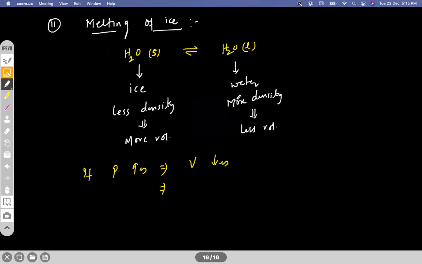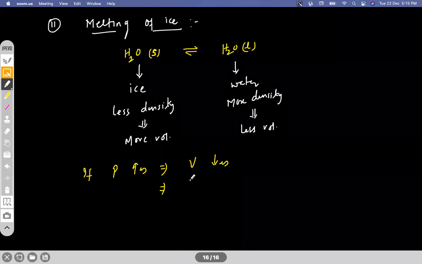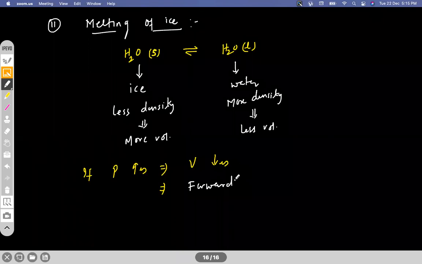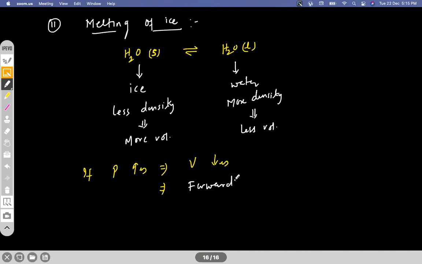Forward or backward? See, pressure increases, volume decreases. Means to minimize this change, the equilibrium will shift in that direction where the volume is less. Where we have lesser volume? Lesser volume we have towards the right, right? Forward. So hence the reaction will go in forward direction. Correct? No doubt in this? Yeah, no doubt. Correct. Forward.